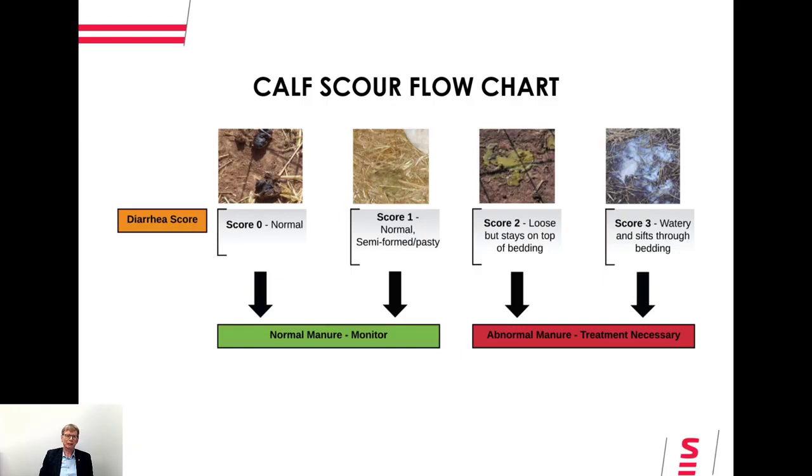So on the left-hand side, you see the green bar. That's good, normal manure. So keep an eye on it. Score 1, semi-formed. Let's see, is she drinking well? Is she active? Is she looking good? On the right-hand side, we have the abnormal manure, and treatment will be necessary.